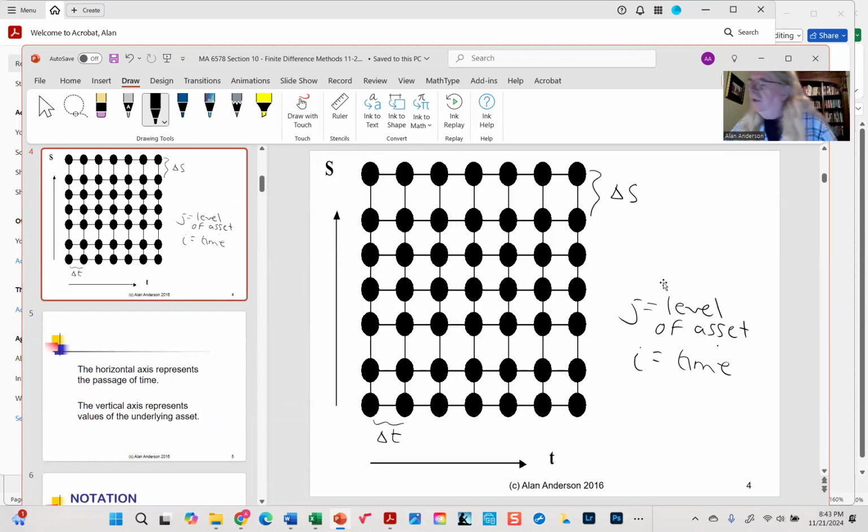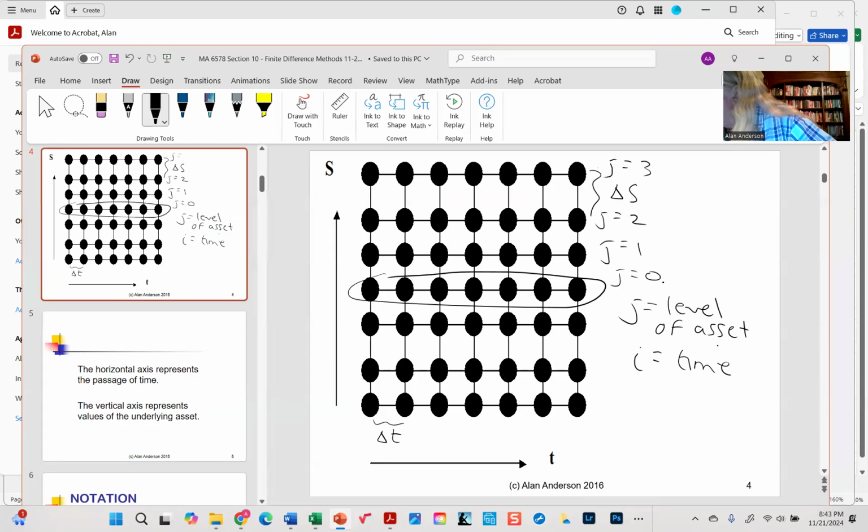Okay, so in other words, you have to visualize it. We start here, let's say. This would be defined as j equals 0. And then you'd have j equals 1, j equals 2, j equals 3 up here.